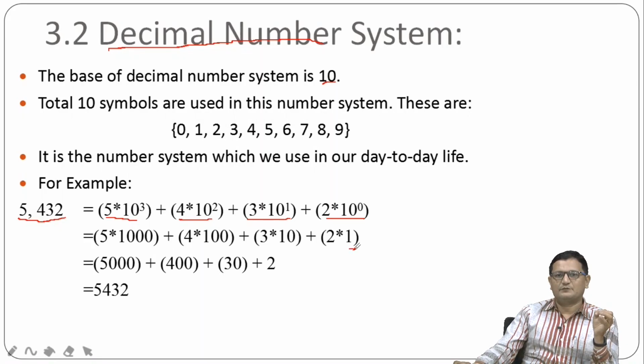So here 10 raised to 0 is 1, 10 raised to 1 is 10, 10 raised to 2 is 100, and 10 raised to 3 is 1000, right. So 5 into 1000 plus 4 into 100 plus 3 into 10 plus 2 into 1, right. So that will make 5000 plus 400 plus 30 plus 2, and it will give you your number, right. So whenever we are writing something like 5432, it means this thing, right.